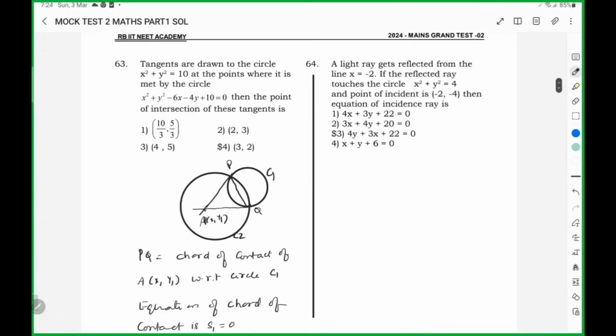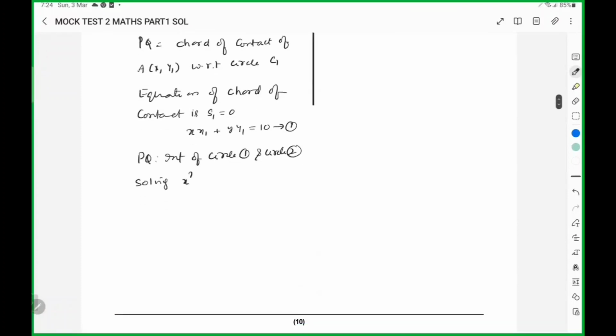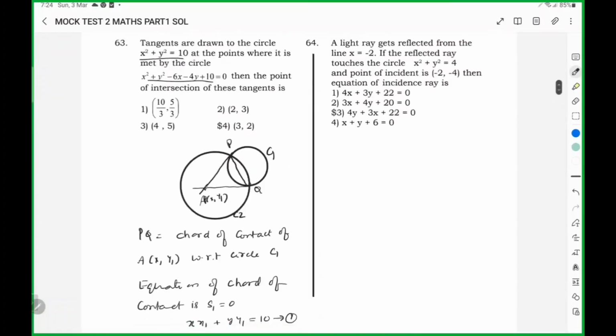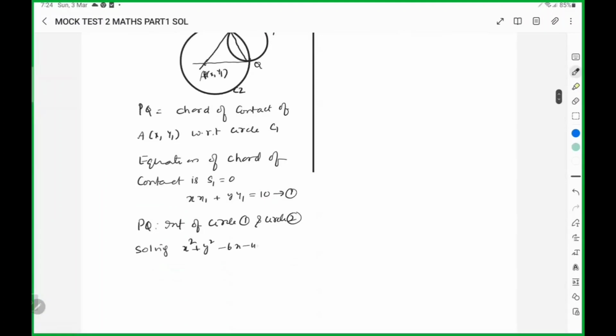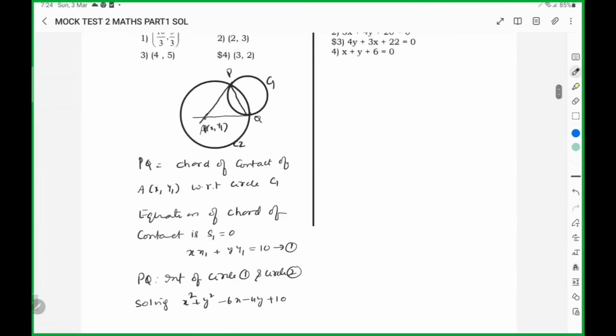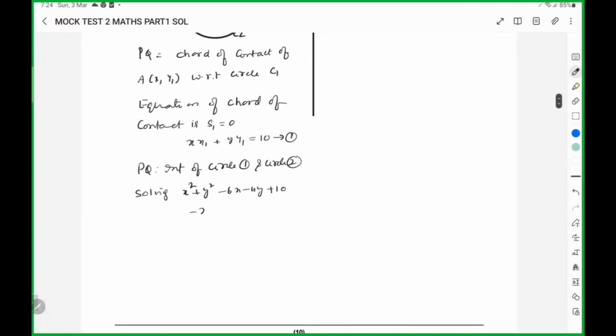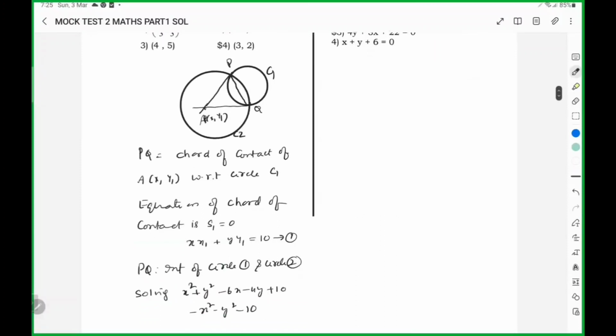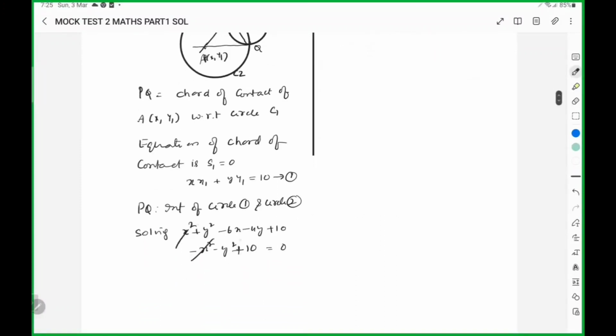Solving means it's a line, subtract one from the other. The first circle equation is minus 6x minus 4y plus 10, minus x square minus y square plus 10 equal to 0. So 6x plus 4y minus 20 is 0, that is 3x plus 2y minus 10 is 0.